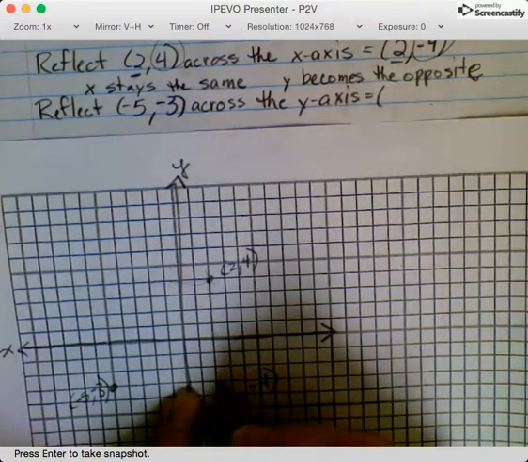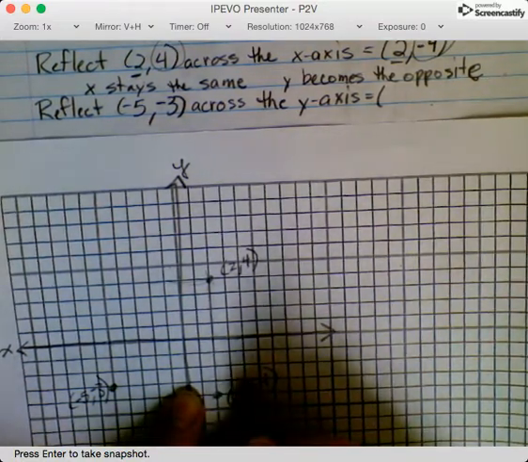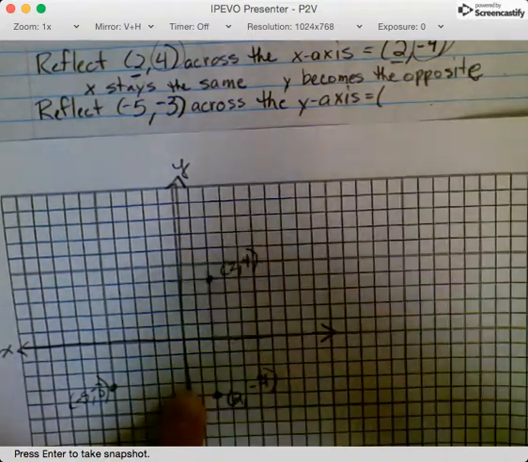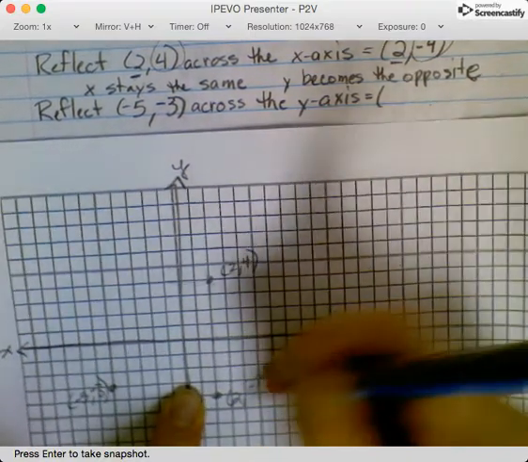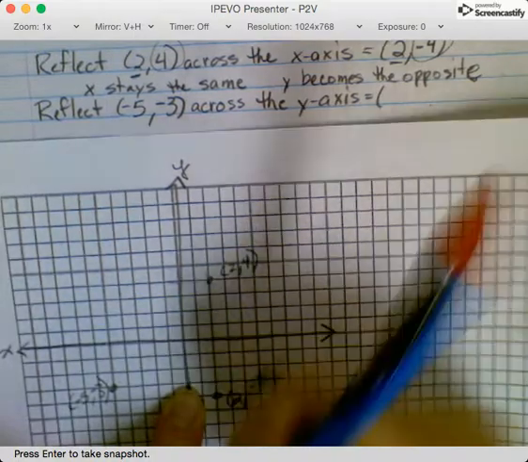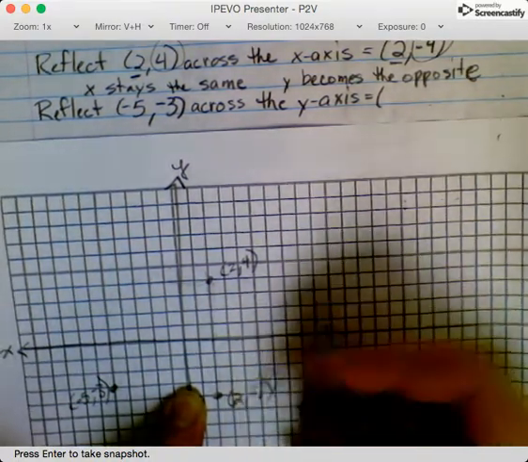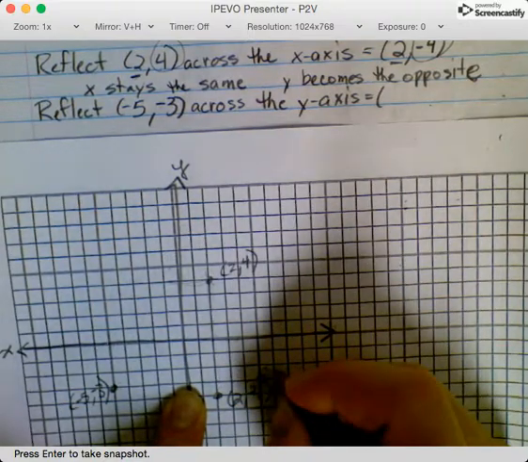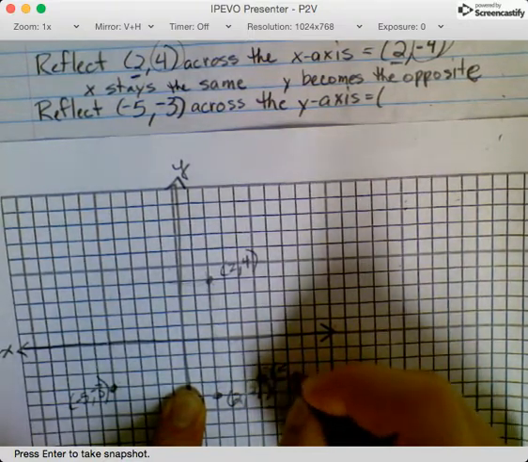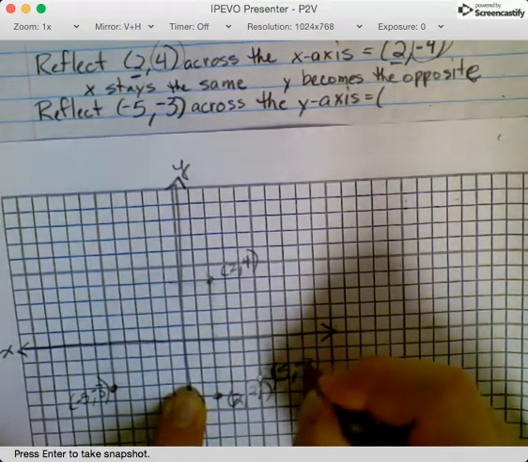So 1, 2, 3, 4, 5. And it looks like my writing from my other coordinate got in the way, so I'm going to move that down a little bit. Okay, so put my dot here. This is +5, still -3.